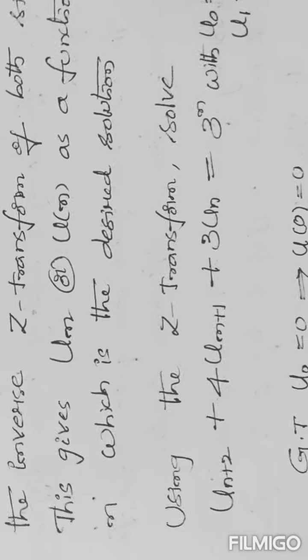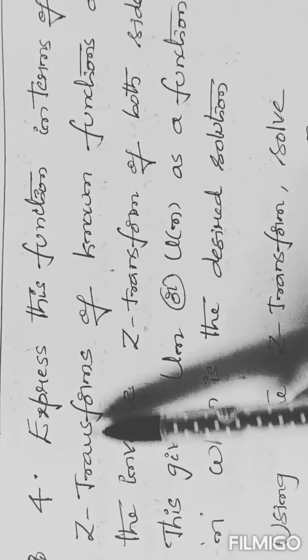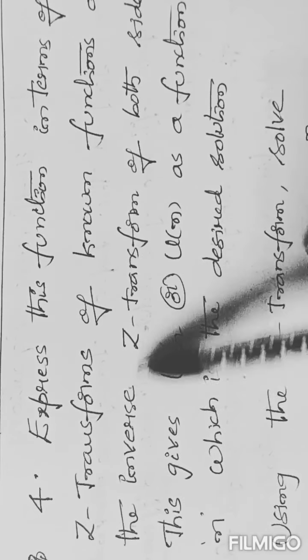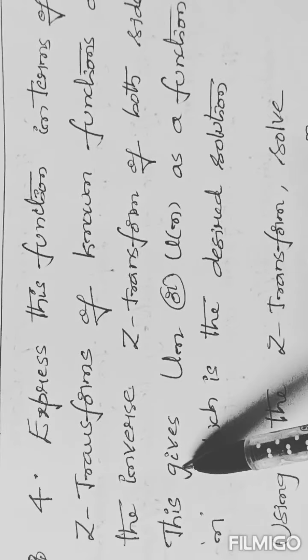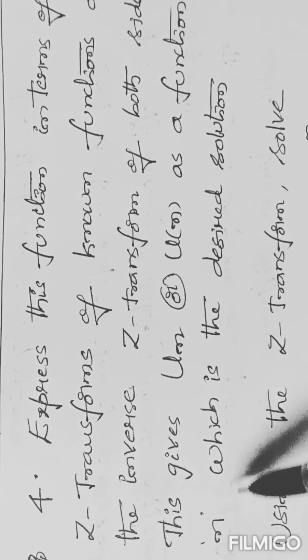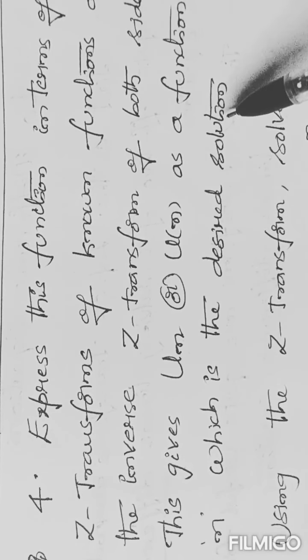After that, the fourth point: express the function in terms of the Z-transforms of known functions and take the inverse Z-transform of both sides. This gives u_n, or u(n), as a function of n, which is the desired solution.